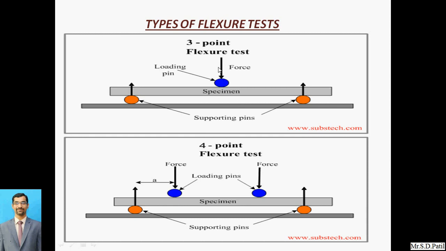Here we can see 3 points are generated. When we apply the load at the center, two opposite reactions are generated at the supporting ends. While solving problems in engineering mechanics, you have seen this: we consider these reactive forces, because when we apply a force, equal and opposite reactions are generated.